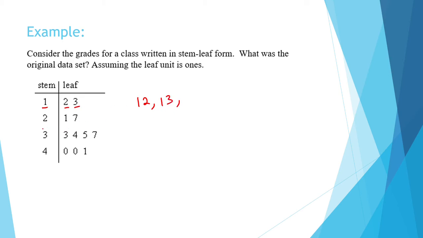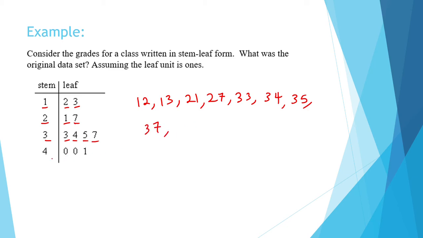And we could continue the process and decipher the original data set. 2, 1 represents 21. We have 27. 3, 3 represents 33. 3, 4 is 34. 35.